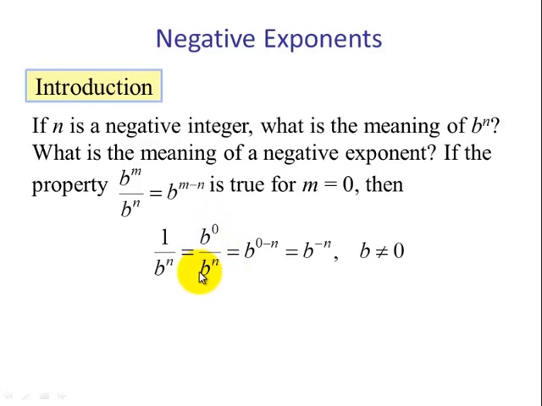And since these bases are the same, we subtract. 0 minus n is negative n. So that is the definition of a negative exponent. B to the negative n power means 1 divided by b to the n.